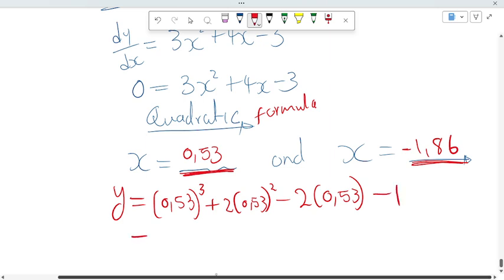Then you find the y value for this turning point, and you do the same thing for negative 1.86.